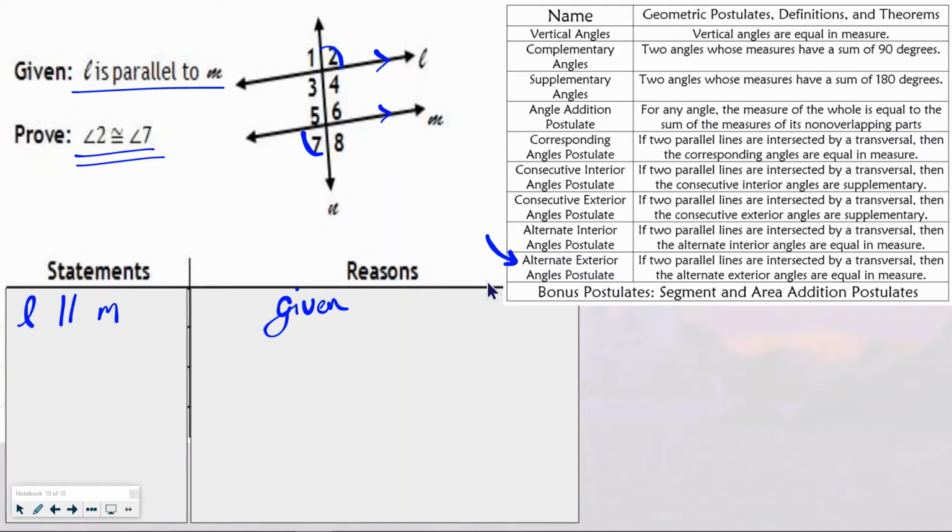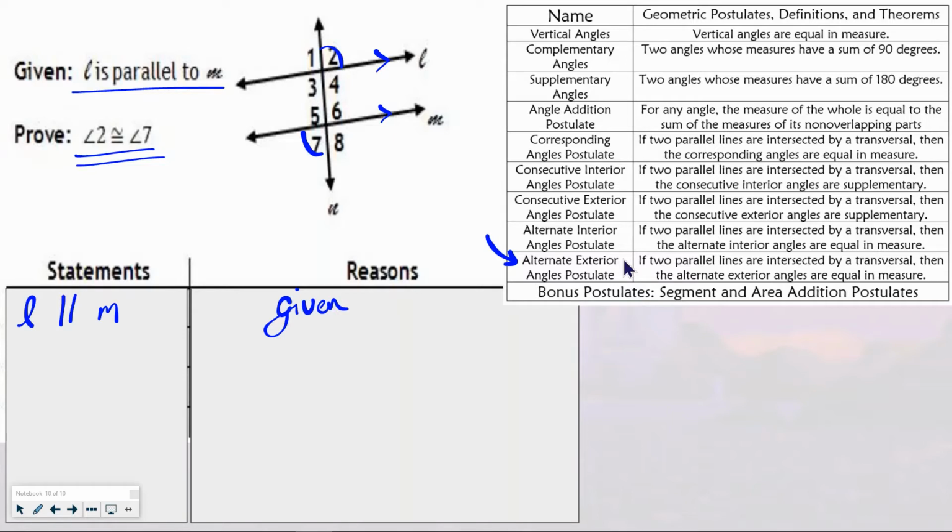But I just want to show you how we get there, even with something that really should be a theorem because it's a provable statement, not an assumed true statement. But for us, we're using it as a definition or postulate where we can use it as logic to prove something else. I just want to show you how we can get to that as a hard and fast true statement. So we want to prove that that is congruent to that using another set of logic.